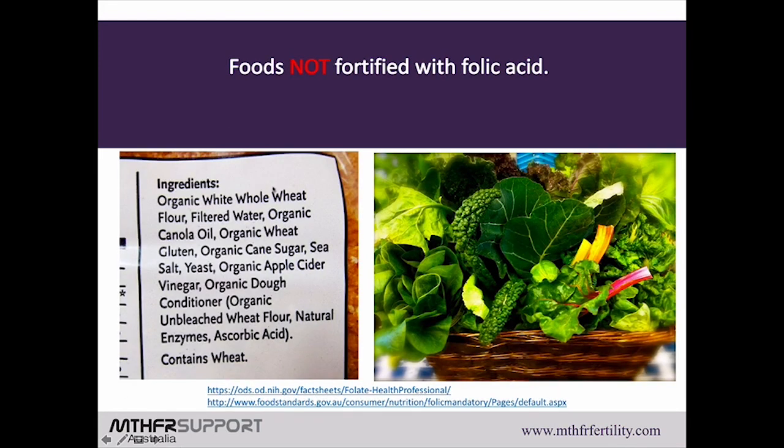So this is from an organic bread flour, and you can see there it does not say folate. Therefore, we can be sure it does not contain folic acid.